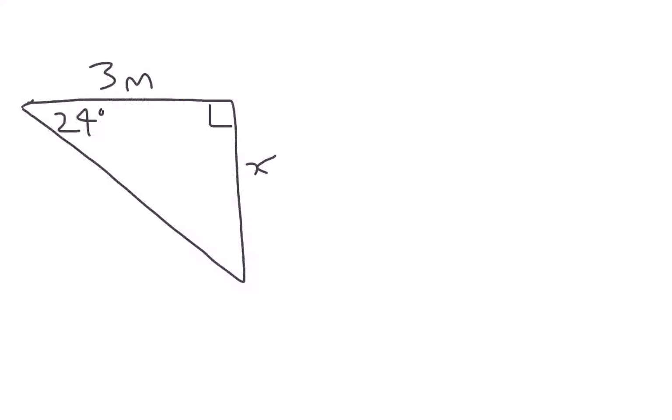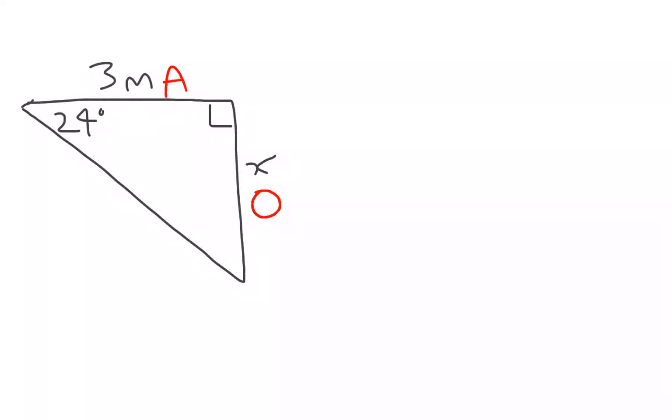Remembering our steps, first thing I'm going to do is label the sides. Nothing on the hypotenuse, so I don't normally even label the hypotenuse, just in case I was going to get confused. Opposite the angle is x, and next to the angle is the adjacent, 3 meters.